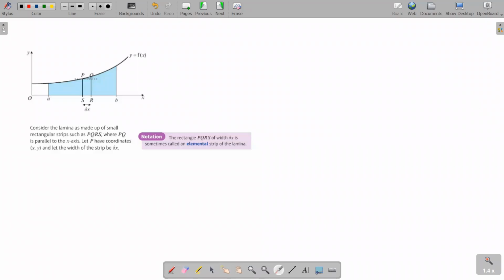All right, so now let's see how we can find the center of mass of this particular lamina. They say consider the lamina as made up of small rectangular strips. So guys, in M3 we use this special technique using calculus.